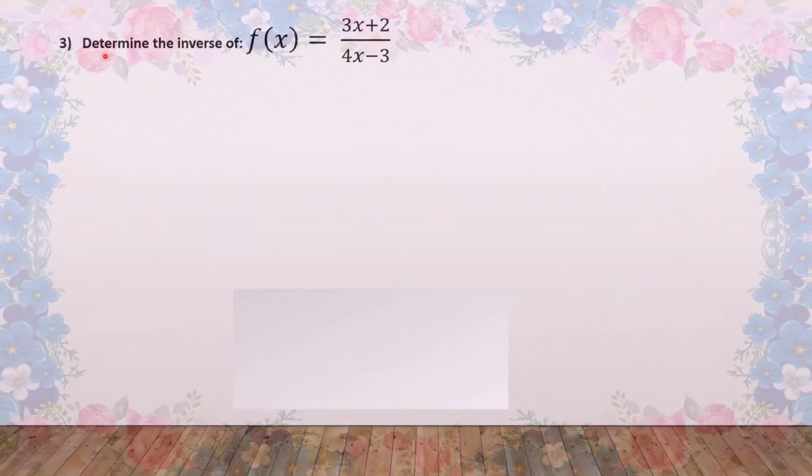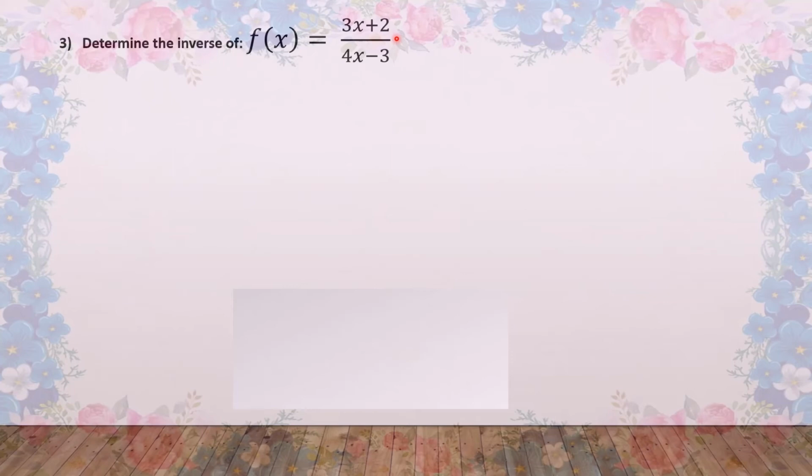Alright, so another example here: determine the inverse of f of x equal to 3x plus 2 divided by 4x minus 3. Here it is, we are given this as our function, 3x plus 2 divided by 4x minus 3. This is another example of a reciprocal function. More of reciprocal functions shall be discussed at your Form 6 level or CSEC level.